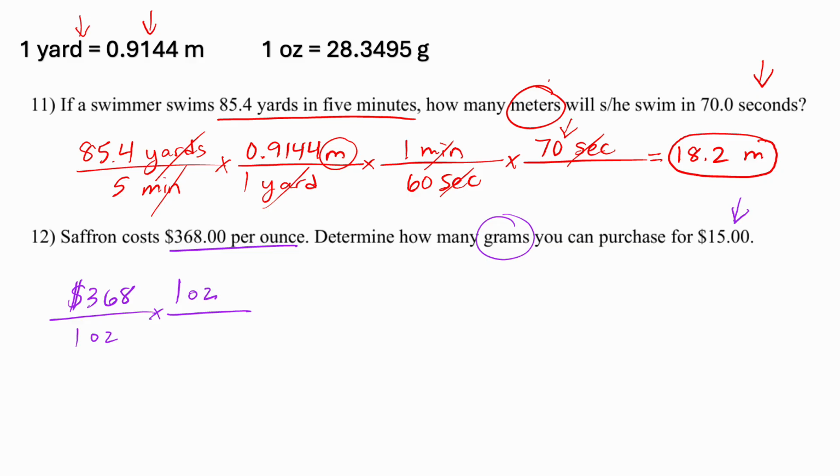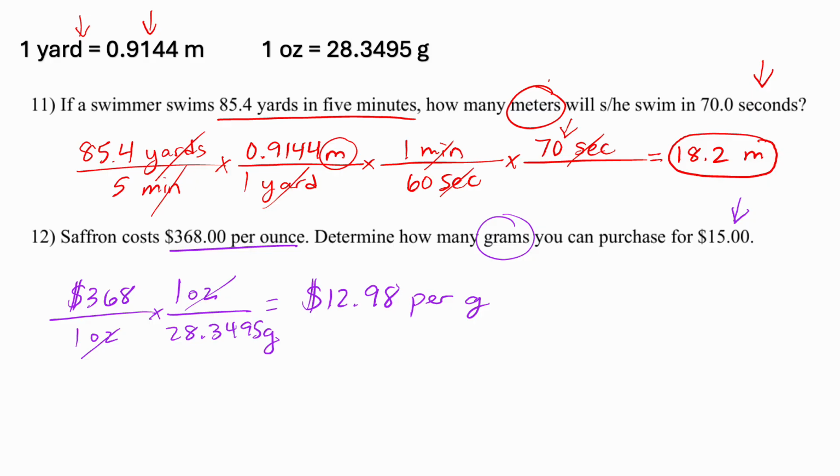I know in 1 ounce, I have 28.3495 grams. And when I do that, I get $12.98 per gram of saffron.